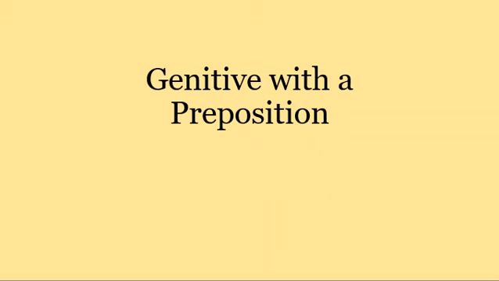So next, I want to quickly look at using the genitive with a preposition. So first of all, prepositions are words like from, in, at, to, on, stuff like that. Usually they will denote movement or position, at least in their most literal form.